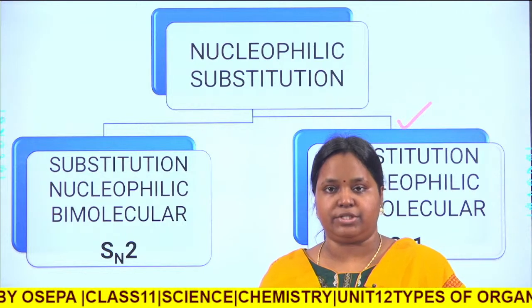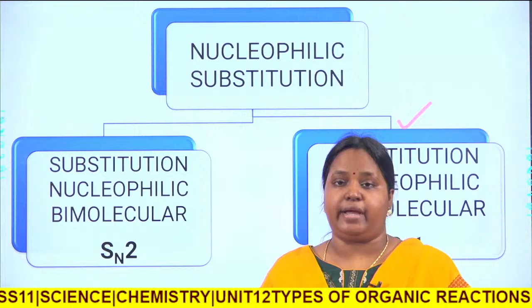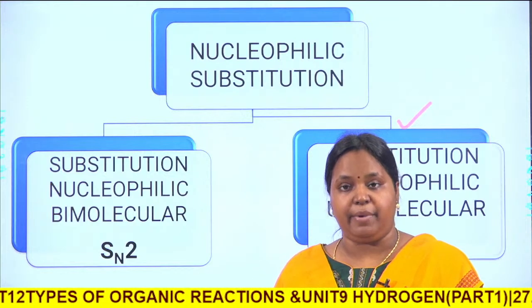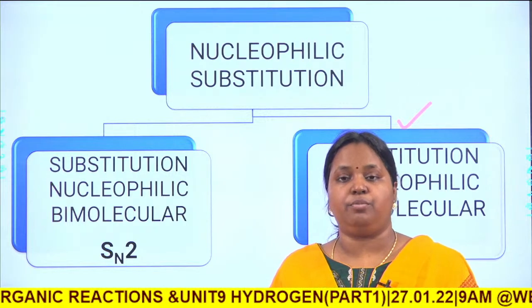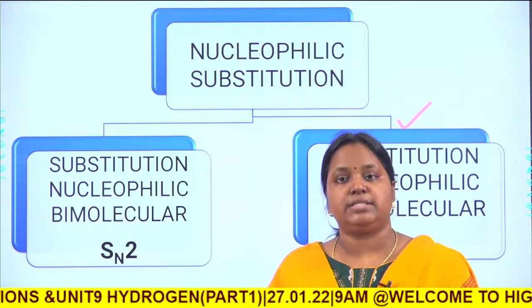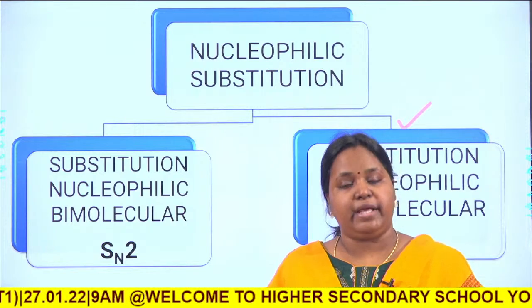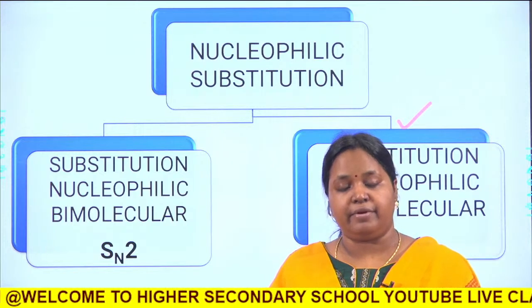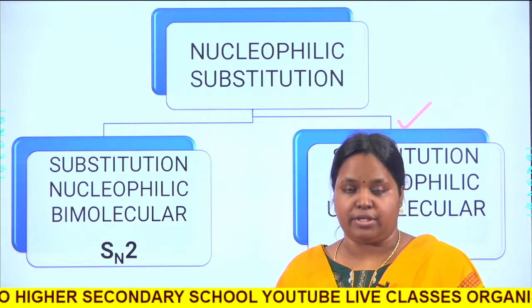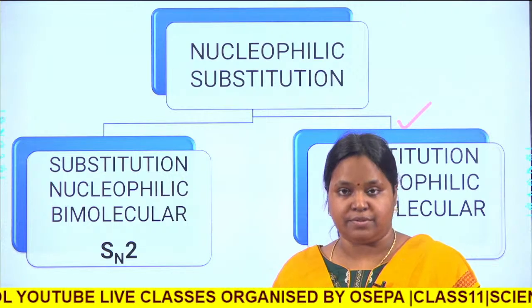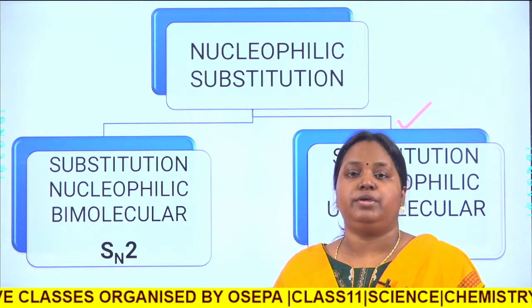If the rate of the reaction depends on the concentration of both the substrate as well as the nucleophile, then it is called bimolecular. But if the rate of the reaction depends only upon the concentration of the substrate, then it is called unimolecular.